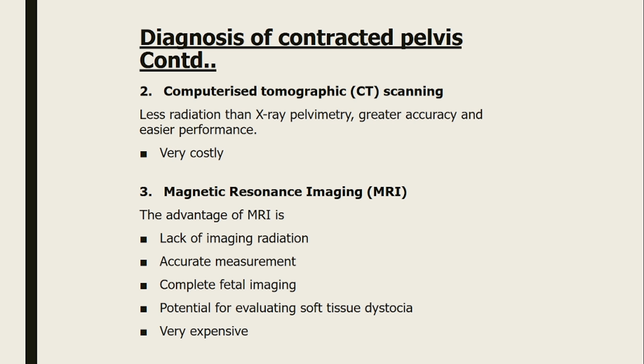The third type of pelvimetry that we can do is magnetic resonance imaging. This magnetic resonance imaging has a lot of advantages over CT pelvimetry and X-ray pelvimetry.